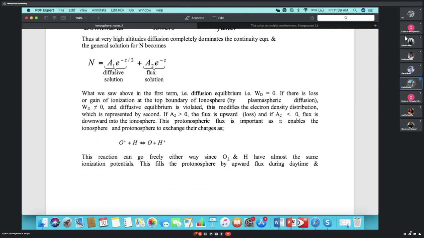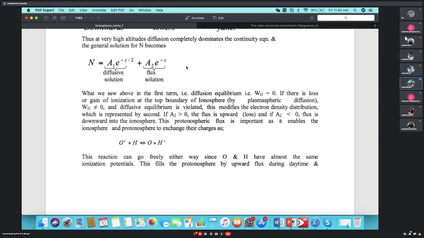At very high altitudes, diffusion completely dominates the continuity equation. And generally, the solution can be written as A1 or some constant exponential minus z by 2, and A2 exponential minus z. This is the diffusive solution. This is the flux solution. We are not going into details, but let us just keep in mind that at very high altitudes, diffusion will completely dominate the continuity equation.